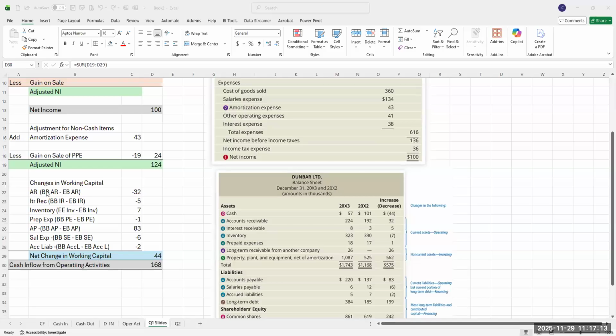Every time you're doing the cash flow statement, if you follow this formula, beginning balance minus ending balance for the assets, and minus bracket beginning balance minus ending balance for the liability, you're never going to make a mistake.